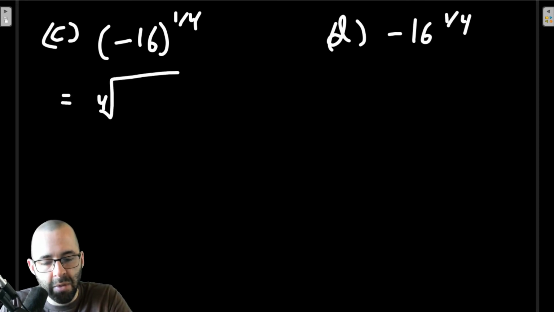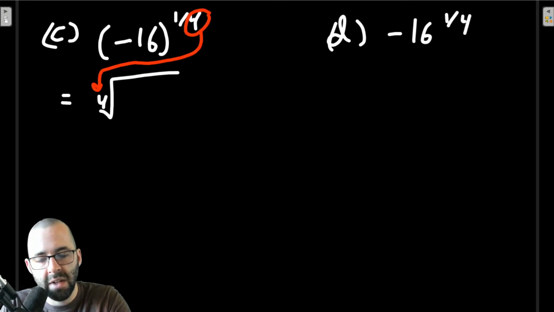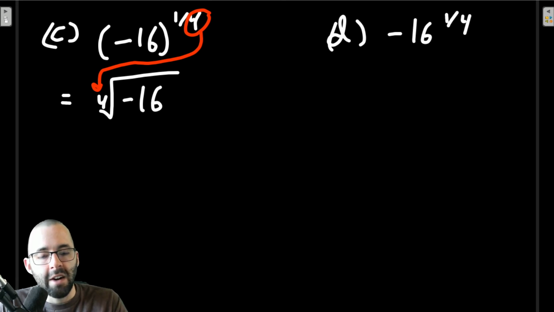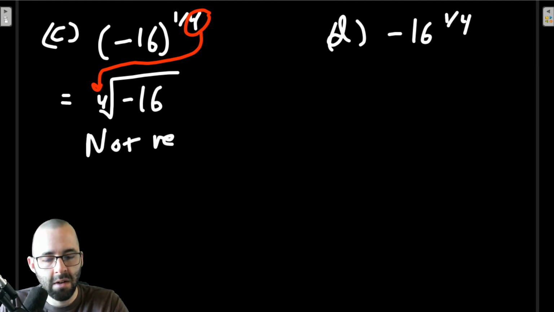This becomes the 4th root. Again, that denominator of the exponent becomes our new index. And then everything inside the parentheses becomes the inside of the radical, in this case, the 4th root. Our index is 4. We have an even index, but a negative number. This is not real.